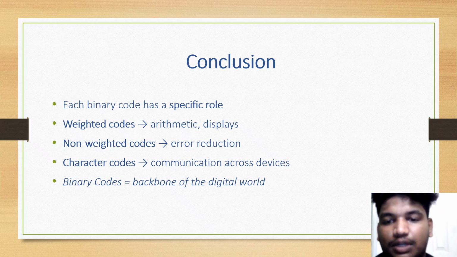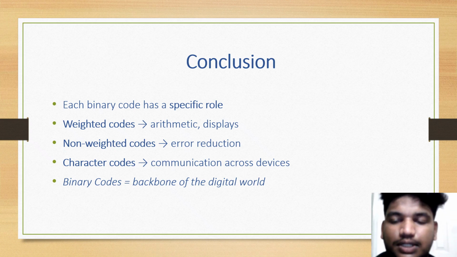I explained about the types of binary codes, why binary codes are important, and what the types of binary codes are. I explained about the weighted code and the non-weighted code. In non-weighted code, I explained about the BCD code, XS3 code, and alphanumeric code, meaning the ASCII code. Every keyboard key has a unique code, and if we enter any code, the computer reads every code and understands it.